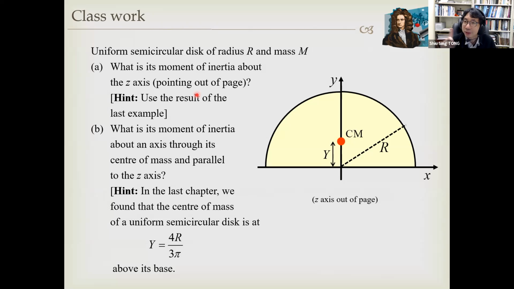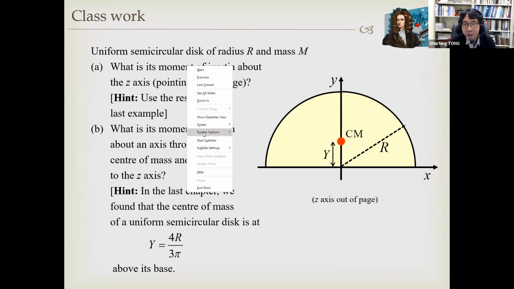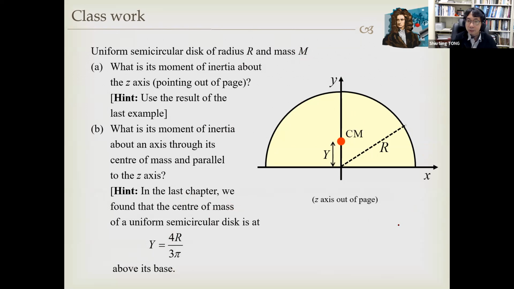Now, look at the definition. We now define the mass m, not the mass of the full circle, but the mass of a semicircle. What is the moment of inertia of a full disk about an axis that passes through its center?